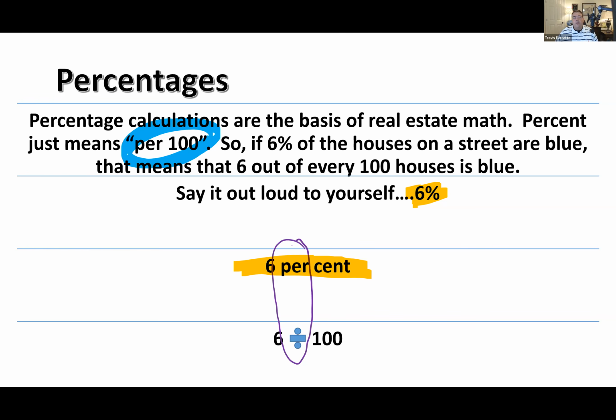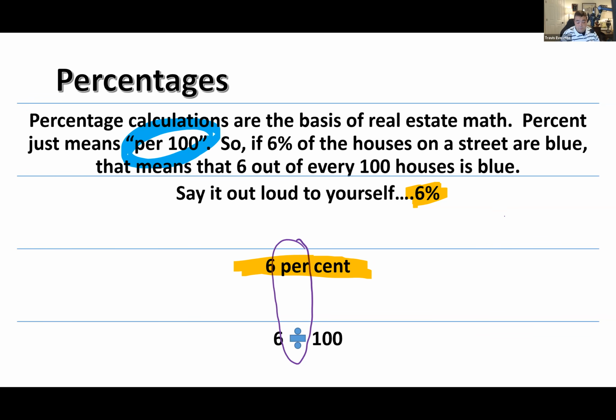They forget what they're doing. They forget, am I supposed to move the decimal this time? Am I not supposed to move the decimal? Am I supposed to move it one place or 2 or 3 or what is it? Here's the thing. If you can say the words 6%, then you can deal with the number 6% in your calculator. I want to show you what I mean.